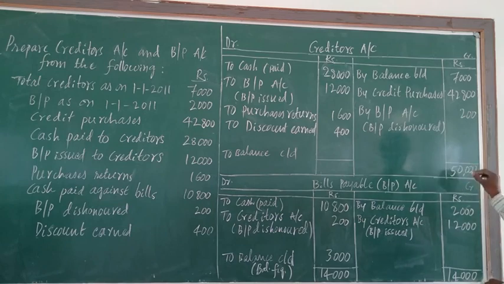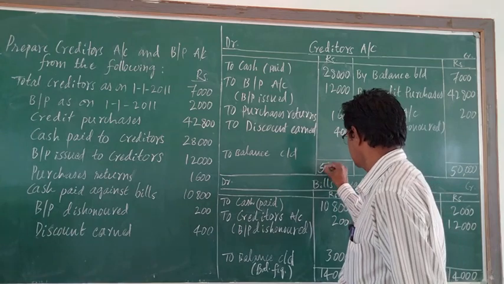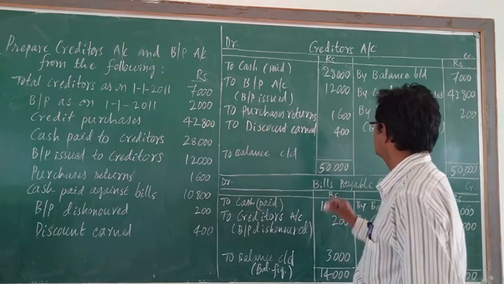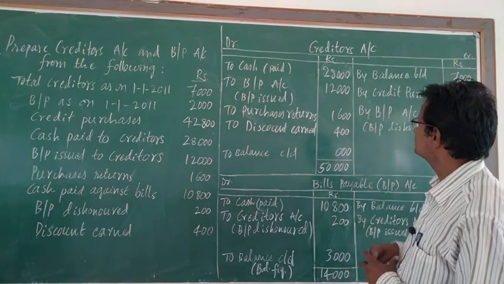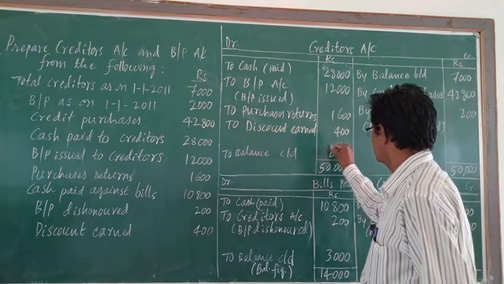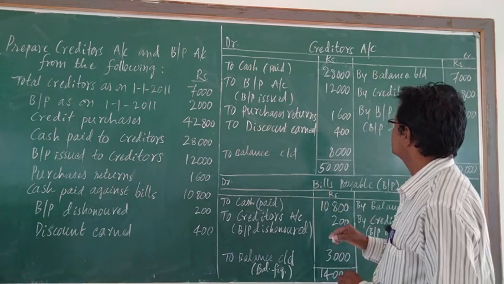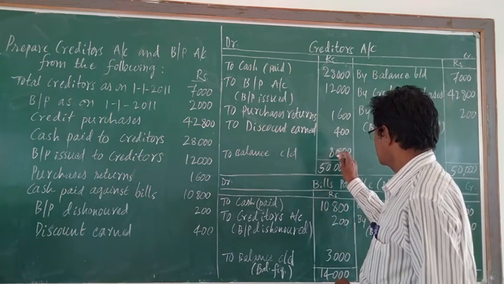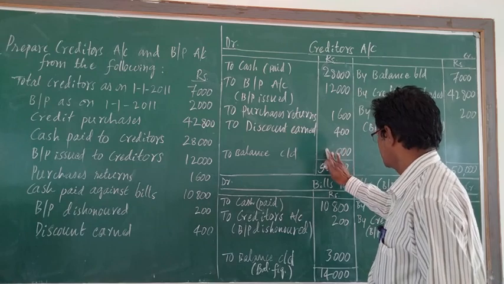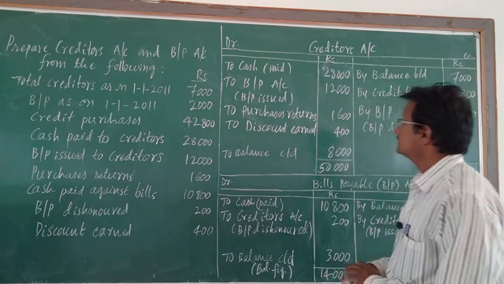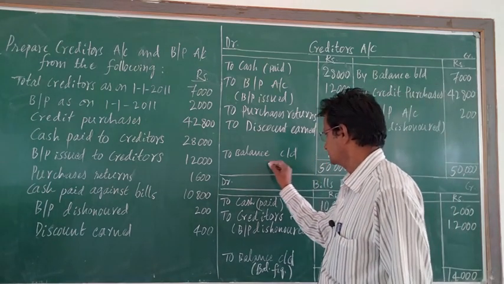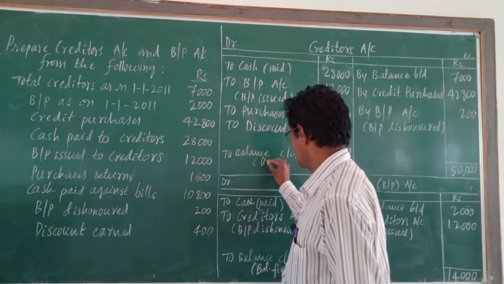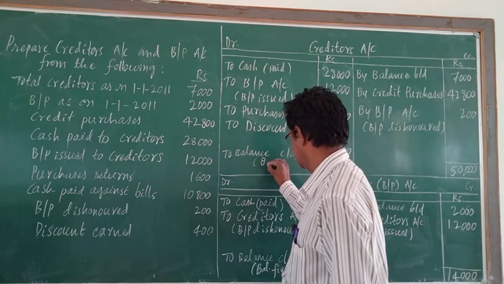The total is 15,000. The difference is 8,000. On the debit side, the balancing figure is 8,000 and it is the closing balance of creditors.